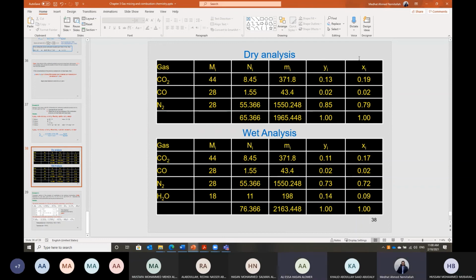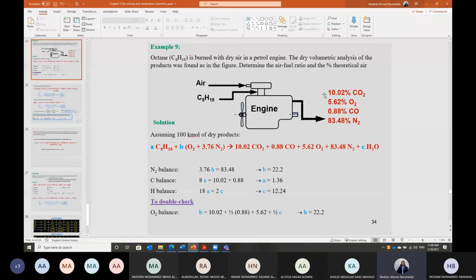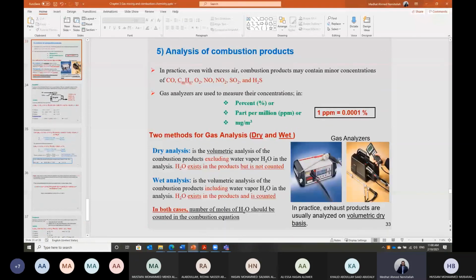Yes, for the dry analysis, as I told you, it's related to the design of the gas analyzer. If the gas analyzer itself is designed for dry analysis, that means we have to condense the water vapor in the exhaust gases, cooling them down in a cooling system before we take the sample for analysis, because the gas analyzer will be sensitive to H2O.